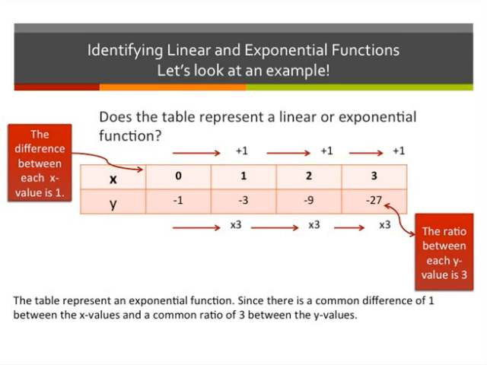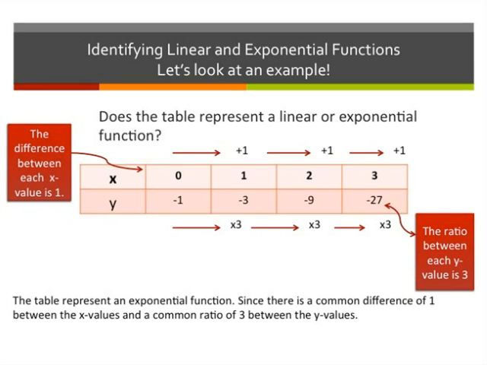Let's look at our y. Well, if we multiply the negative 1 by 3, we get our second y value. And it appears if we multiply negative 3 times 3, we get our third y value, which is negative 9. And what do you know?